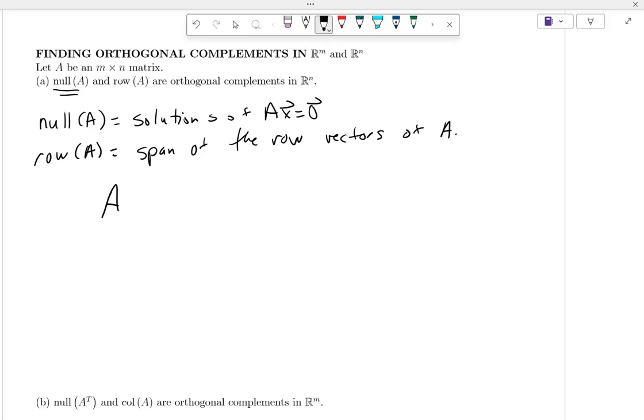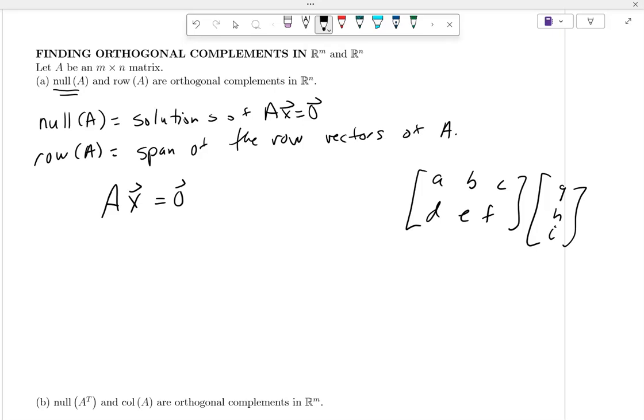If I want to do A times X, let's say we have something in the null space. Let's think about how you multiply. I'll just do it off to the side; I'm not worried about what answer I get. How do these get multiplied? It means this row times that column.